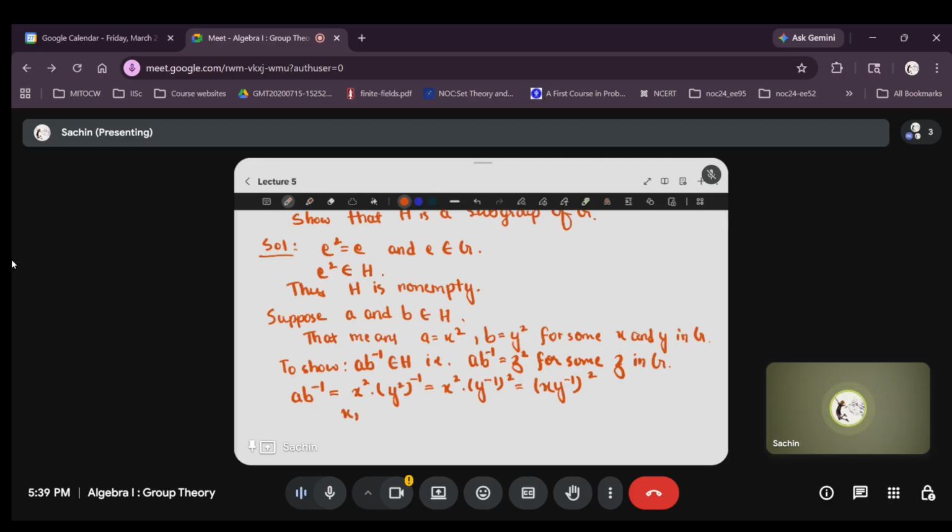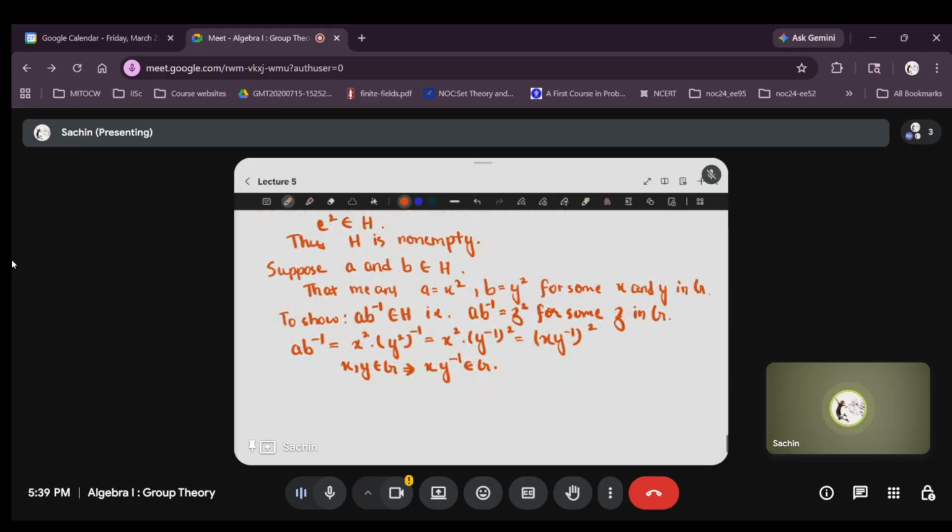And since X, Y belong to G, XY inverse belongs to G. So AB inverse is the square of XY inverse. Right? So AB inverse belongs to H. So whenever two elements are squares of some elements of G, then the product of A with B inverse is also a square of some element in G. So that's how you use the one-step subgroup test.